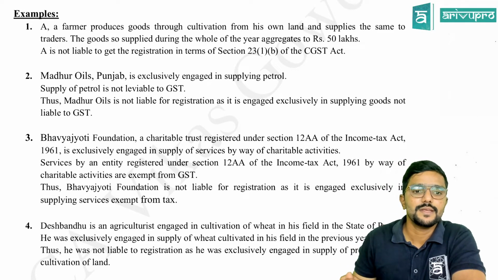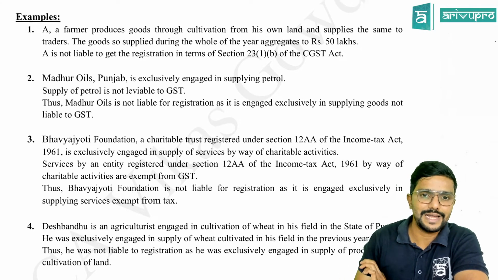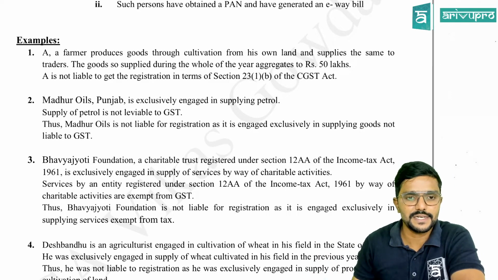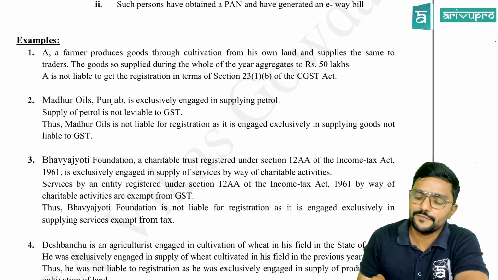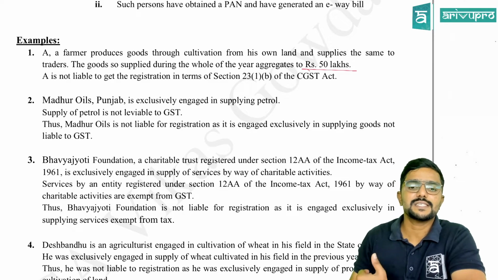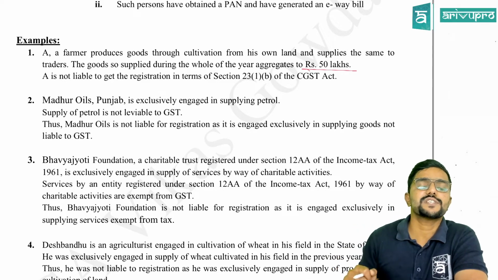Examples. A farmer produces goods through cultivation from his own land. So he's an agriculturist and supplies the same to the traders. The goods so supplied during the whole of the year aggregate to 50 lakh. So the aggregate turnover is 50 lakh. But he is supplying something which is out of his cultivation of land.